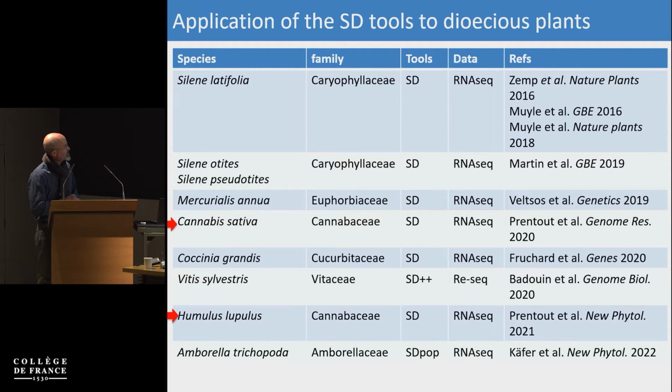In dioecious cucurbit with Abdel Bendaman and Susan Renner. In Vitis sylvestris, the wild grapevine, in collaboration with INRA, and also in Amborella trichopoda, the sister species of all other extant angiosperm species, in collaboration with Charlie Scott and Jim Leebens-Mack. But today I'm going to tell you about what we did in Cannabis, in Cannabis sativa and Humulus lupulus.